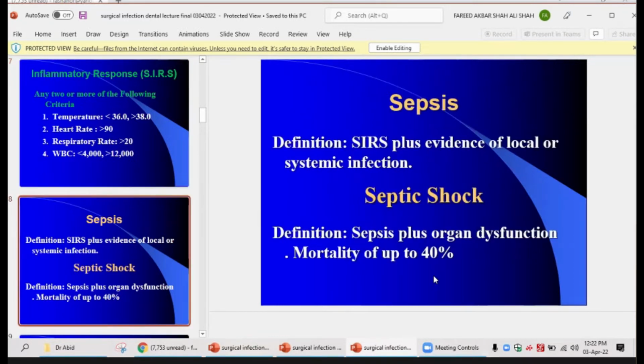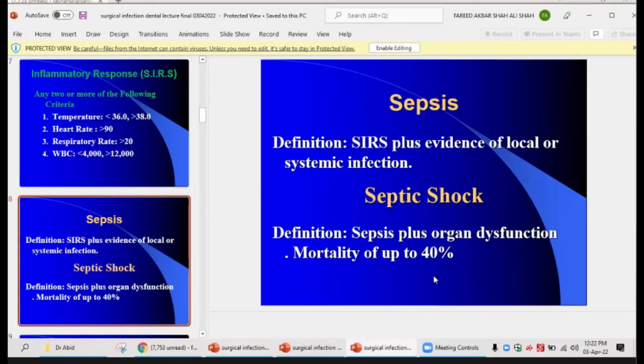Sepsis is SIRS plus evidence of local or systemic infection, meaning there is hypotension systemically, and locally there is redness, swelling, pain, and loss of function.